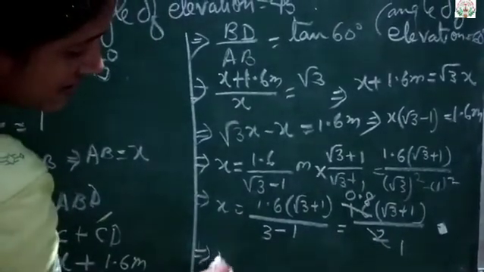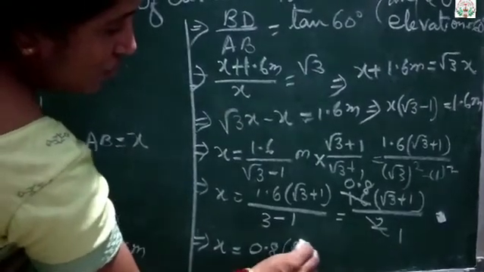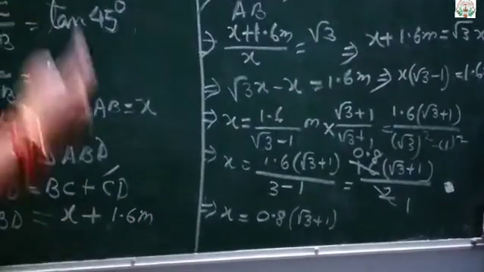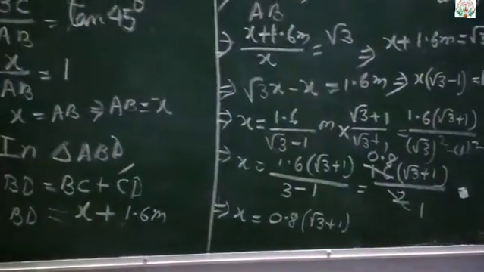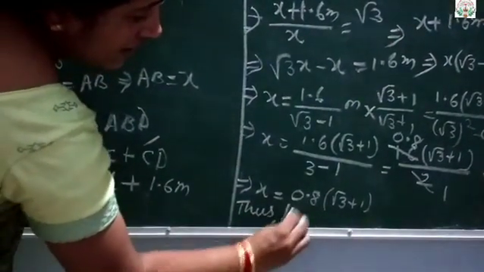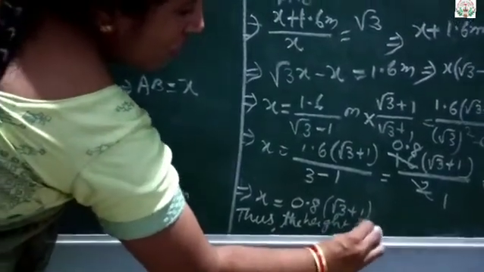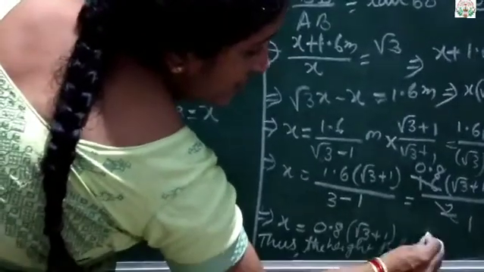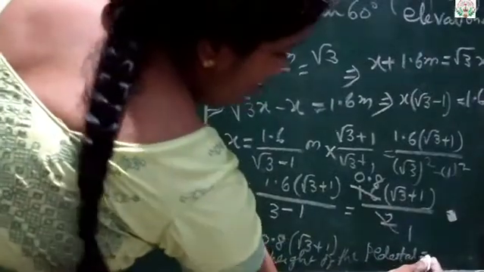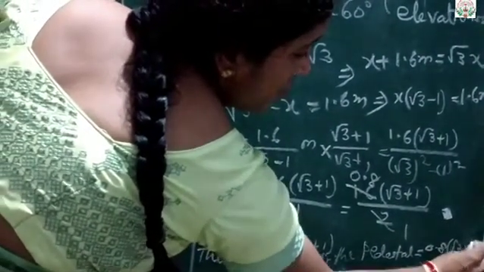So x equals to 0.8 into root 3 plus 1. The height of the pedestal is only what we are supposed to find, so thus the height of the pedestal equals to 0.8 into root 3 plus 1.